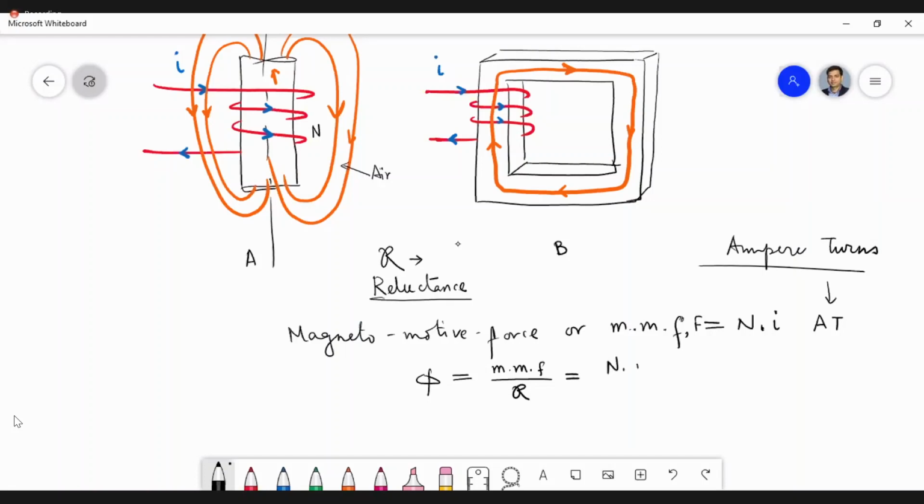So in the expression of the flux, we have this media dependent or material dependent property, that is reluctance. Therefore flux is a function of reluctance, but not the MMF. MMF depends on the amount of current flowing through the coil and the number of turns.